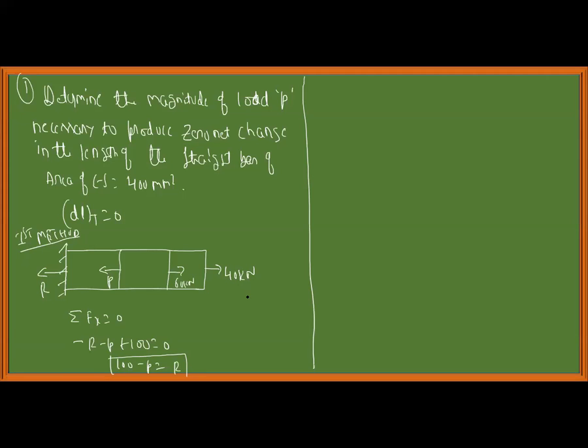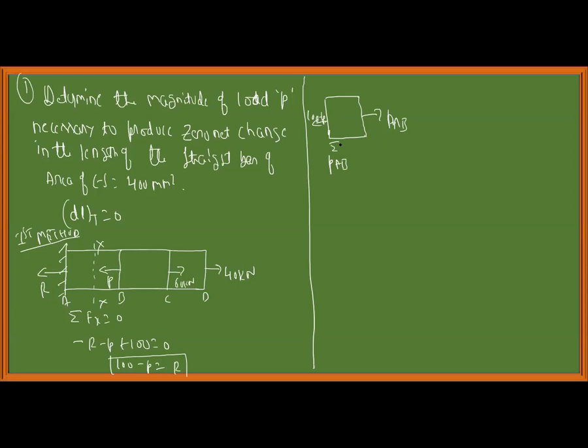Next, I will take a section here, XX. This is A, B, C, D. 100 minus P is equal to P of AB.